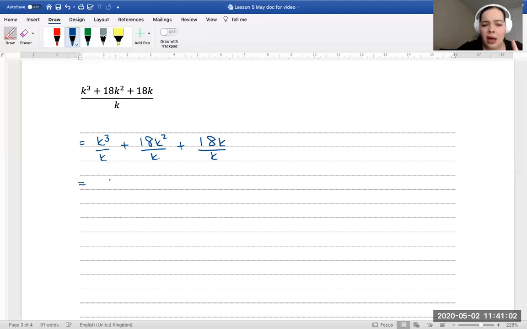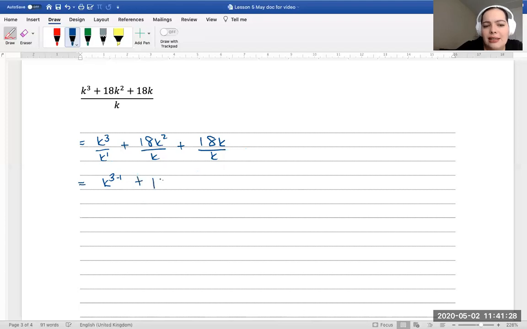If we remember our exponent rules, when we're dividing by things that have the same base, so here at the top we've got k to the power of 3, and at the bottom we've got k, I hope you remember that we can subtract the exponents. So instead of k to the power of 3 divided by k, we're going to say k to the power of 3 minus 1. Because remember, this exponent is a 1 over there.